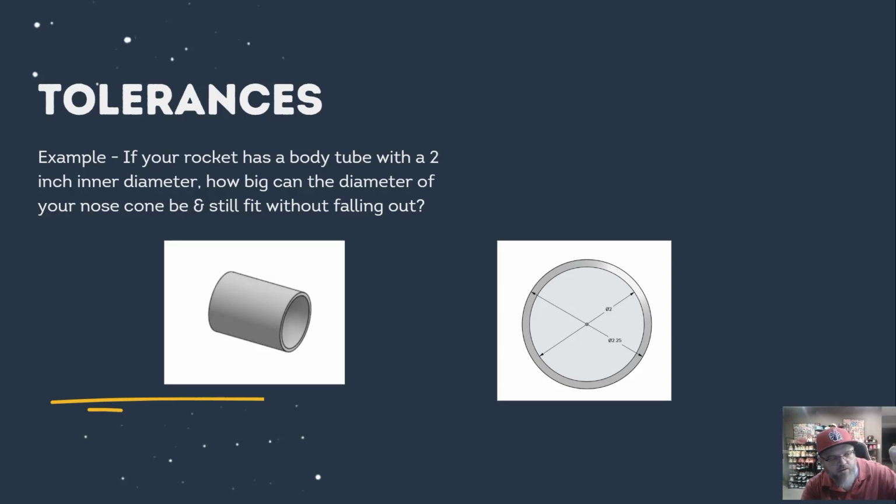You think, if you've got your pipe like this, has a hole, nose cone goes inside, it needs to be snug enough to fit in, not just fall out, but not be too big to where it can't go in, or when what's called the escape charge ignites, the nose cone doesn't eject. It's not too snug. So, with that in mind, you have to take into account what's called a tolerance.